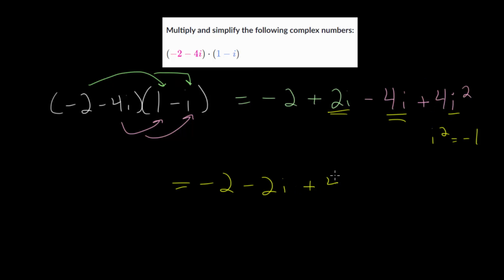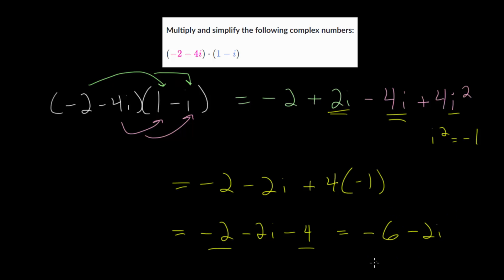And we get plus 4 multiplied by negative 1. And simplifying, we just rewrite minus 2 minus 2i, and this is minus 4 when we multiply. And combining like terms, minus 2 minus 4, that's minus 6, and minus 2i. We write the real part first, and then the imaginary part second. So this will be our final answer.